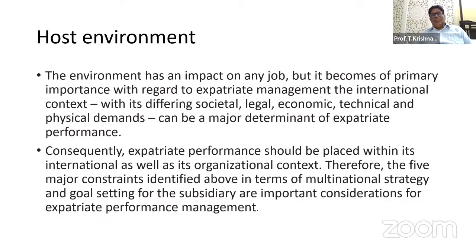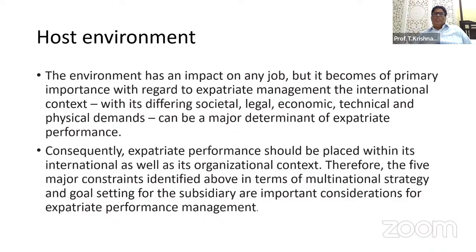Then the next thing we need to discuss is the host country environment. The environment has an impact on any job, but it becomes of primary importance with regard to expatriate management, the international context, with its differing societal, legal, economic, technical, and physical demands.